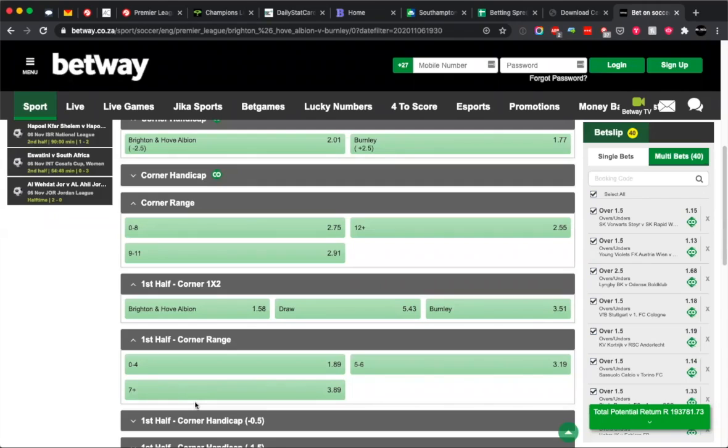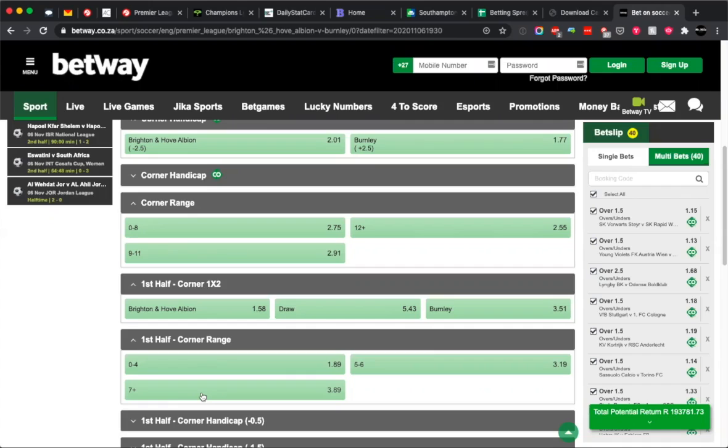So I'll give you an example. A team like Aston Villa. Aston Villa take a lot of corners. If you noticed, when I quickly went through Southampton's last game, they played Aston Villa, and Aston Villa took 11 corners. So if I was betting on an Aston Villa game, I would try and see if they're home or away. And if they're home, to me, this 7+ first half market is a good odds to go with.